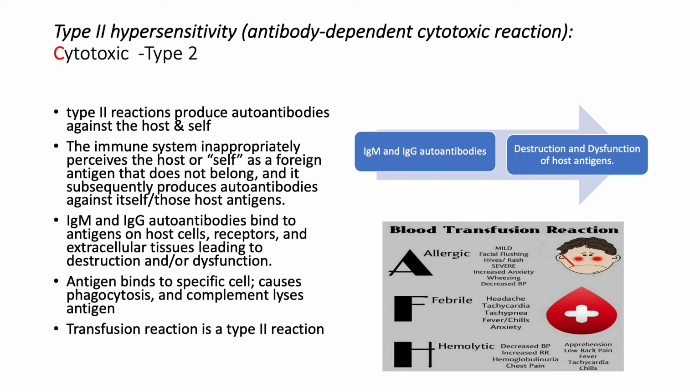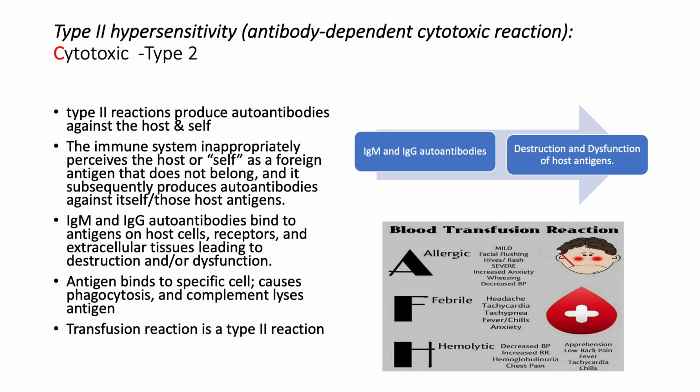Type 2 hypersensitivity is called antibody-dependent cytotoxic reaction because there is destruction. It's cytotoxic. Destruction of the cell is the common culprit. Hypersensitivities that involve immunoglobulin G and sometimes immunoglobulin M antibodies and take 1 to 3 hours or more to develop include the type 2 antibody-dependent cytotoxic reactions.